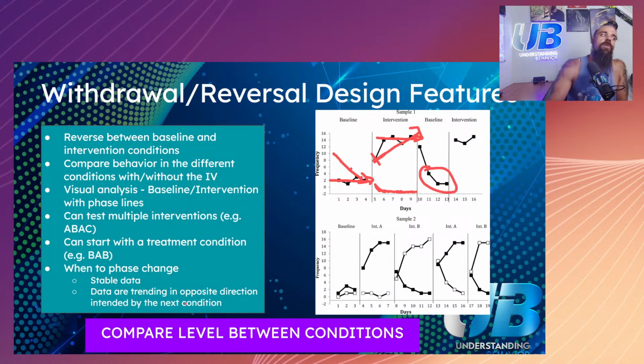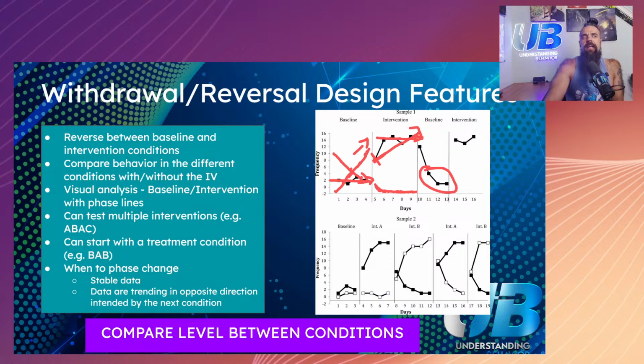So we can phase change if the data are trending in the opposite direction intended by the next condition. Let's say we had an ascending data path here instead. So a data path that looks like this. Then we would not do our phase change here. Anybody want to go for why we would not want to do the phase change here?